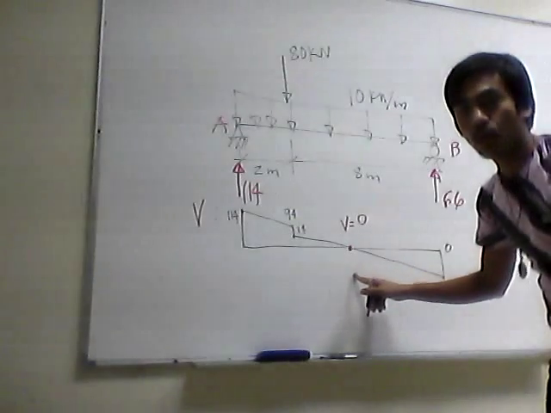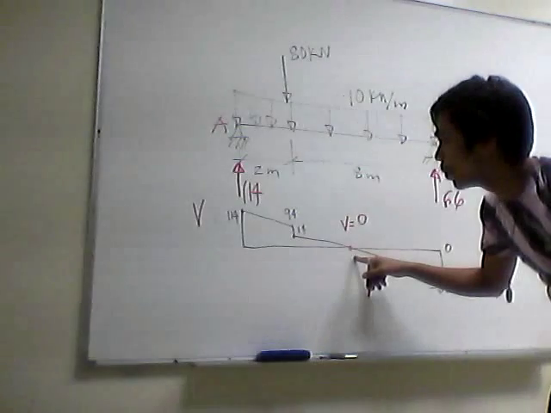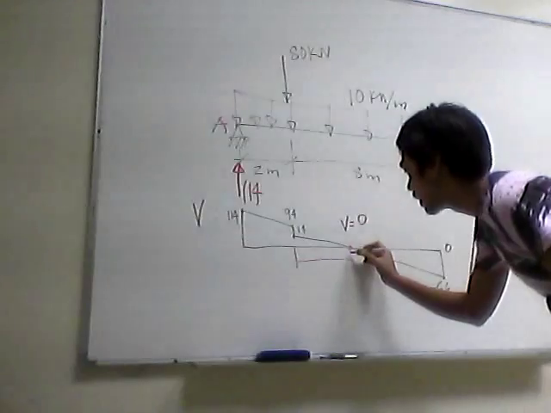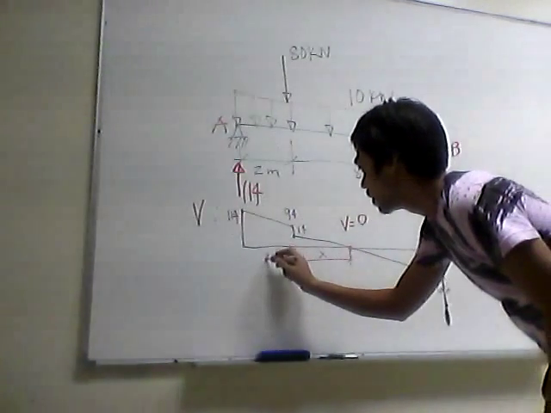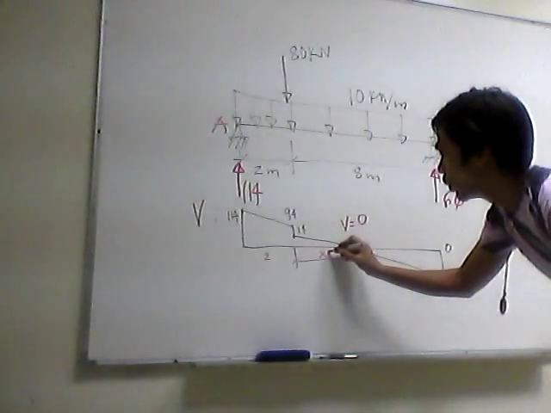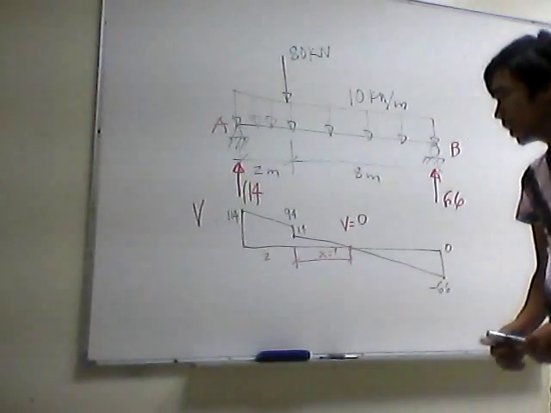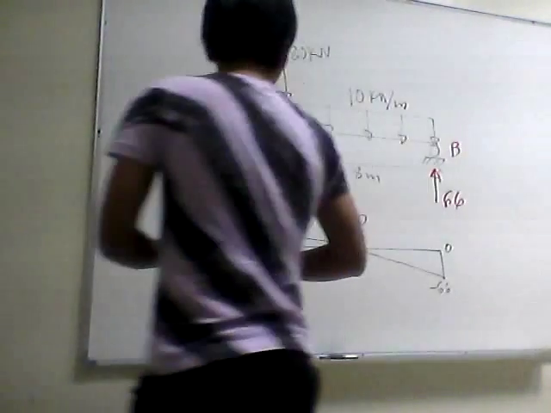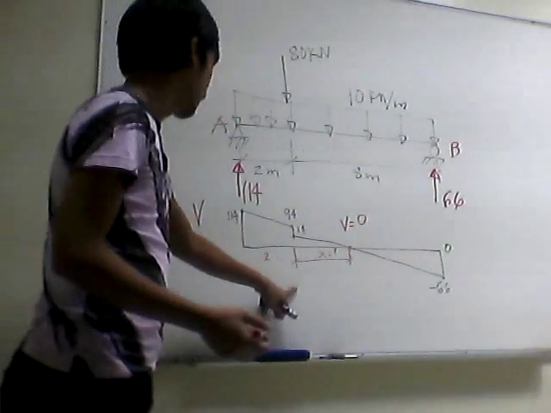So it is important that we know the location of this point. We are going to label this as x. This is 2, and the whole part here is 8 meters. We don't know the value of x, so the first thing is to solve for the value of x using the ratio and proportion technique.